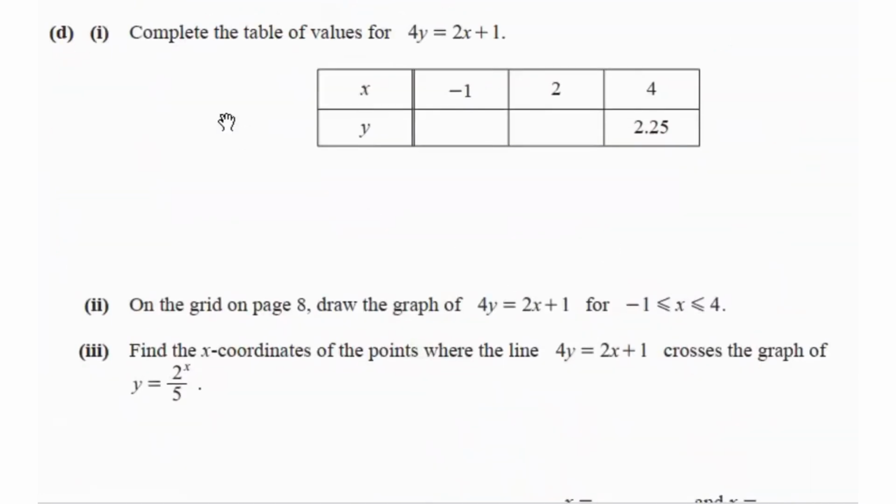D says complete the table of values for 4y equals 2x plus 1. So 4y equals 2 times -1 plus 1 will be 4y equals -1 and y equals -0.25.